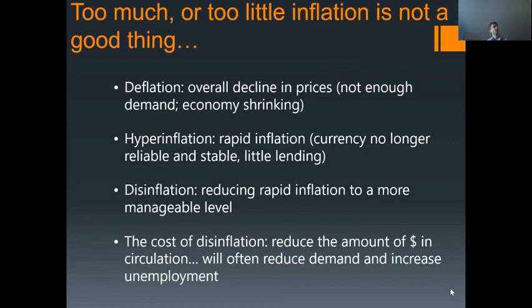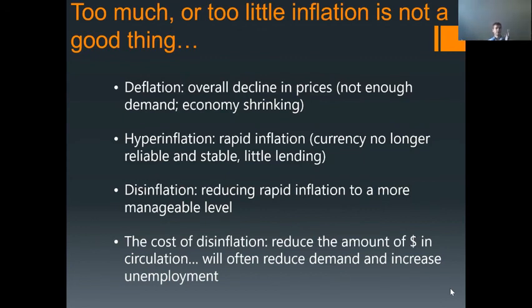So the currency at that point is no longer stable. It's no longer reliable. And if you're lending out money long term, there is no guarantee that you're getting back any sort of amount that is going to look anything like the amount that you lent out in the first place.